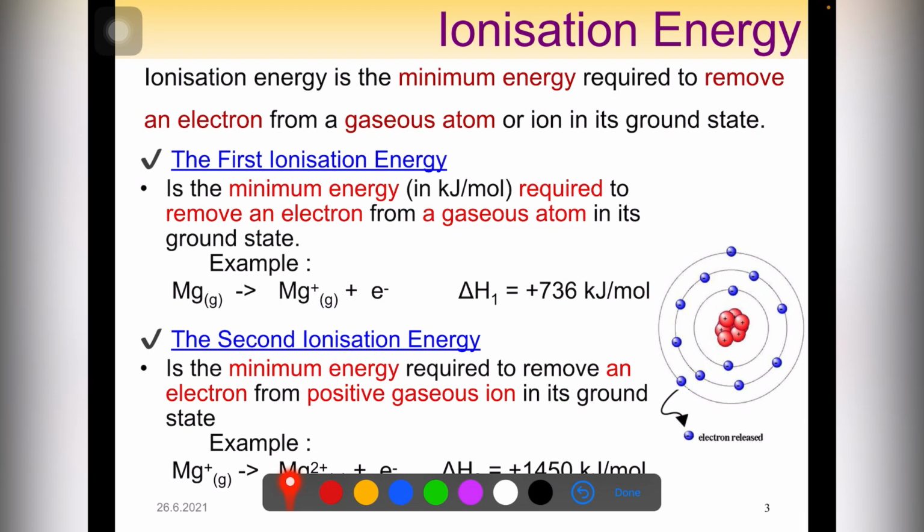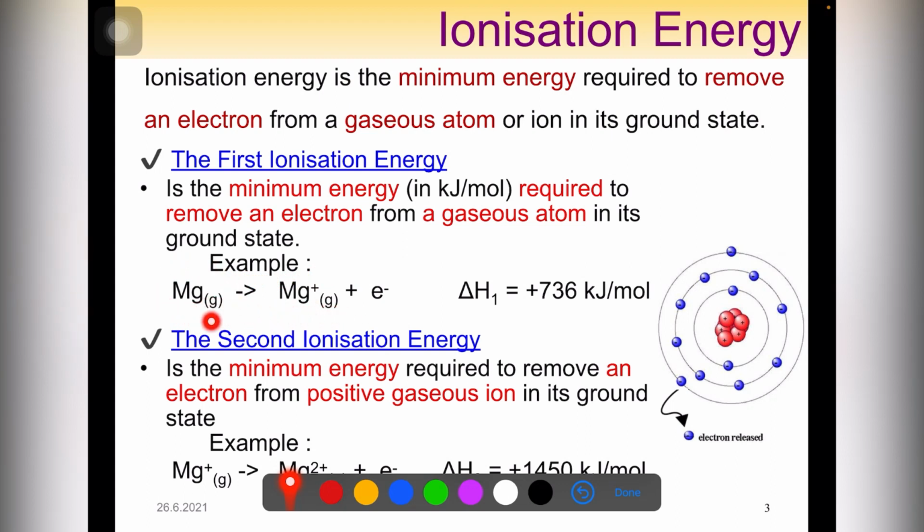First ionization energy refers to the minimum energy, which must be in kilojoule per mole, required to remove an electron from the gaseous atom in its ground state. For example, magnesium. This is the equation for the ionization energy.